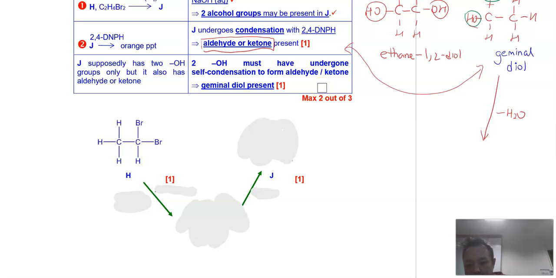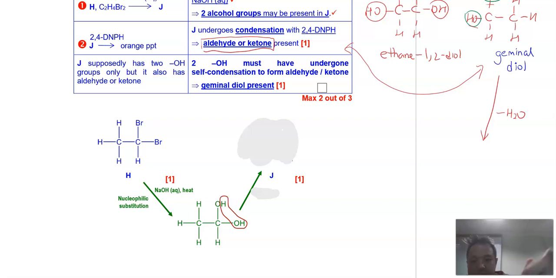So we have 1,1-dibromo ethane, nucleophilic substitution with NaOH, we get this. Now what happens is that the 2 OH groups are beside each other. So one of the OH and the other H will condense out to form water. Alright, so you can see the one I highlighted in yellow will come off as water.